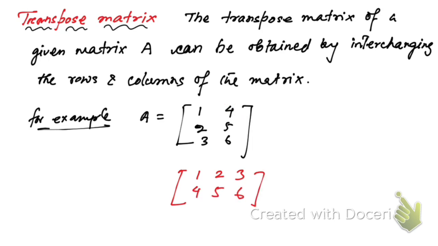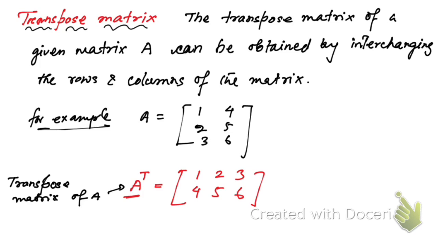That's how we can interchange the rows and columns. Then this is the transpose matrix of A, right?